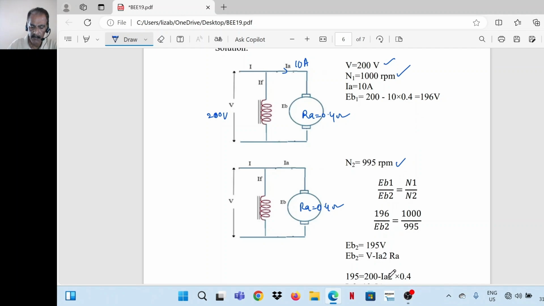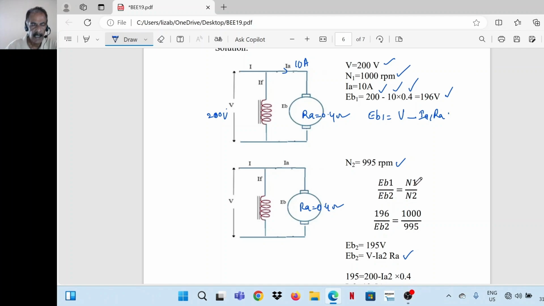From EB2 we can find out the armature current in the second case because EB2 is equal to V minus Ia2 into Ra. EB1 is equal to V minus Ia1 into Ra. V is 200 volts, Ia1 is 10 ampere, Ra is 0.4, we get it as 196 volts.